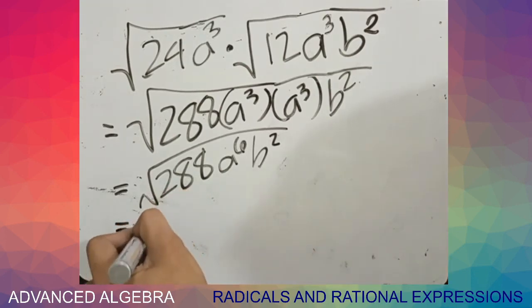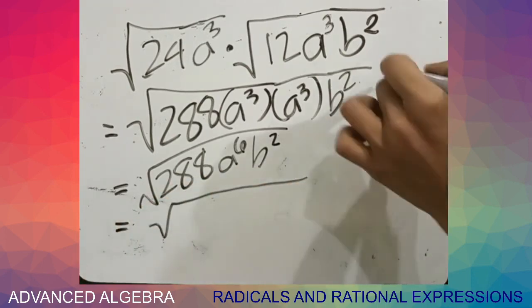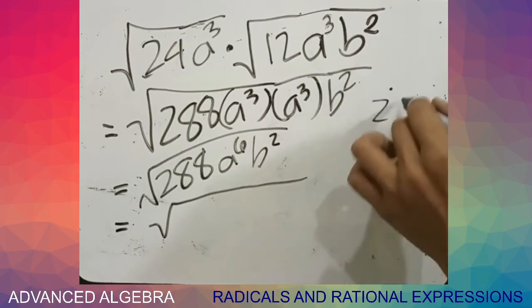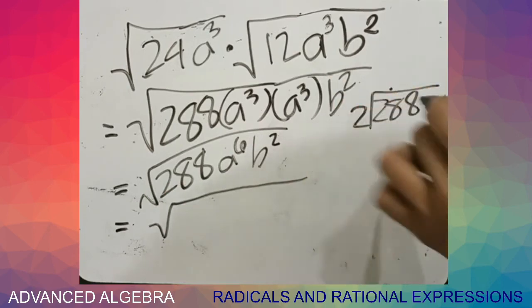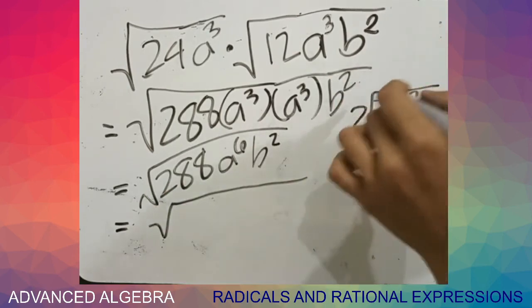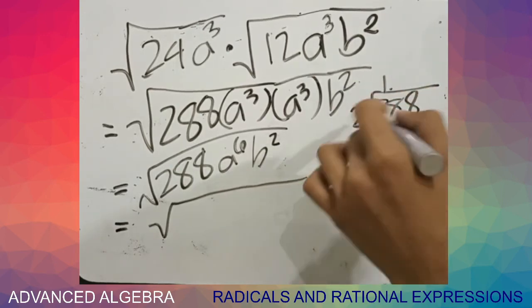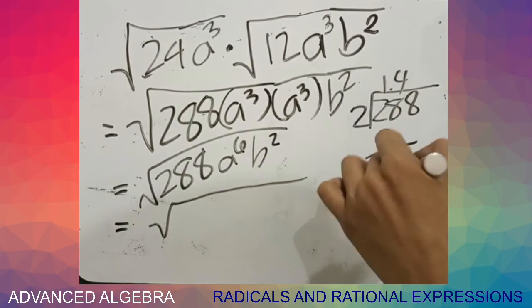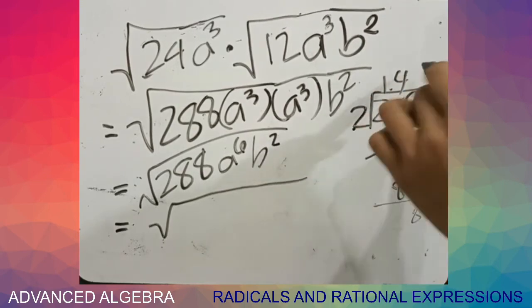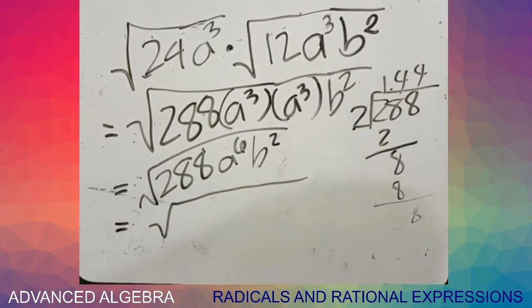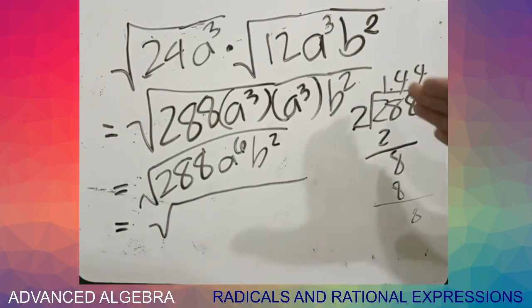Ang possible na factor ng 288 ay try natin siyang i-divide sa 2. Baka pag divide natin sa 2, mayroon siyang perfect square root. So, 288 divided by 2 is 144. Si 144 ba, meron siyang perfect square root? Yes.